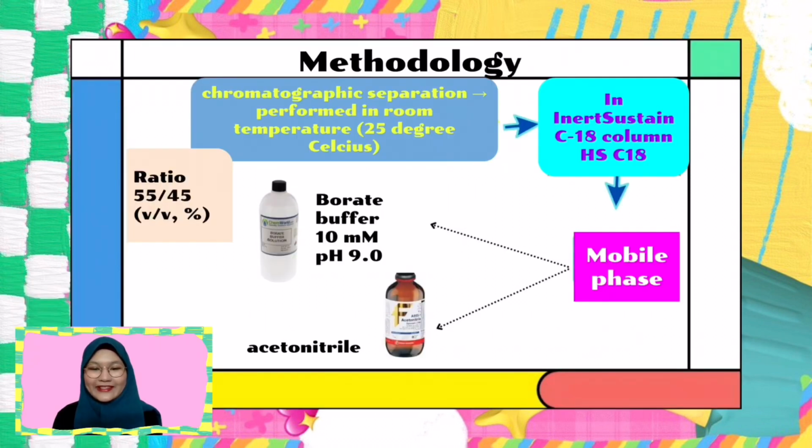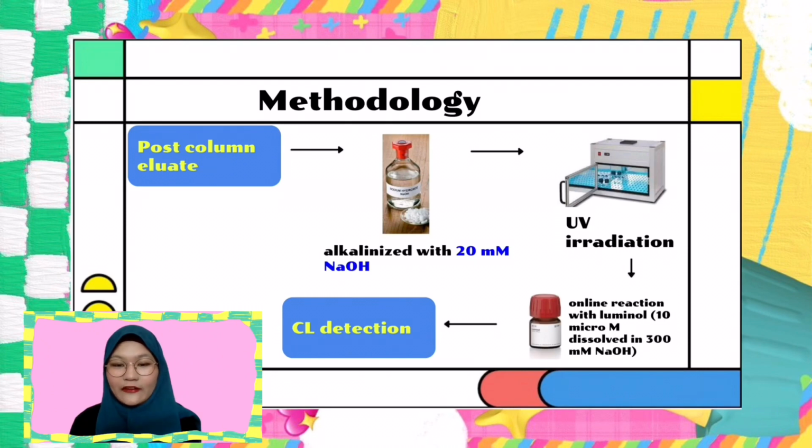The chromatographic separation was performed at room temperature on a column using mobile phase consisting of acetonitrile and borate buffer in the ratio of 55/45. After the chromatographic separation, the post-column eluate was alkalinized with sodium hydroxide prior to UV irradiation, followed by the online reaction with luminol and then CL detection.